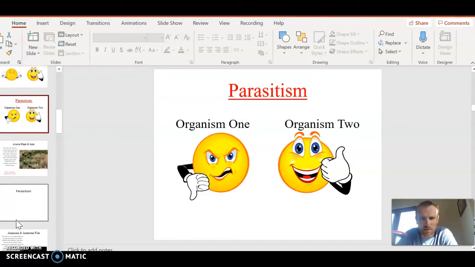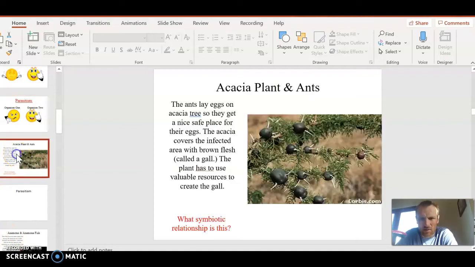So we can think of some examples of where we might see this in nature, different organisms living together. Here are some classic examples. Here we have an acacia plant and ants. Ants are laying eggs on an acacia tree, so they get a nice safe place to lay their eggs. The acacia covers the infected area with brown flesh. The plant has to use valuable resources to create this flesh or gall.